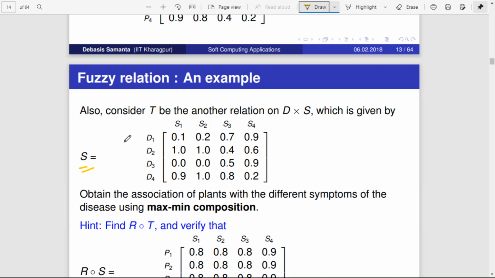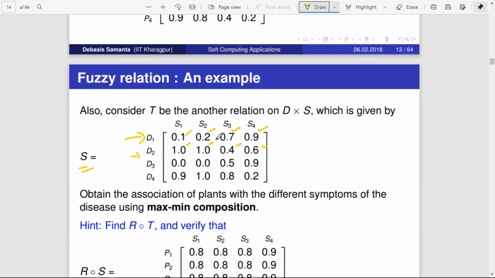If the disease is D1, then the certainty of symptom S1 will be 0.1, S2 will be 0.2, S3 will be 0.7 and S4 will be 0.9. If the disease is D2, then the certainty of symptom 1 will be 1.0, symptom 2 will be 1.0, symptom 3 will be 0.4 and symptom 4 will be 0.6, and so on.